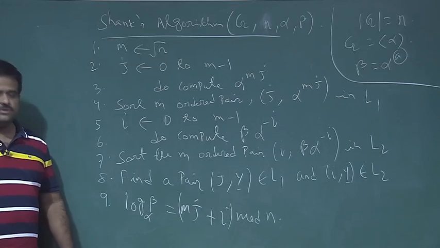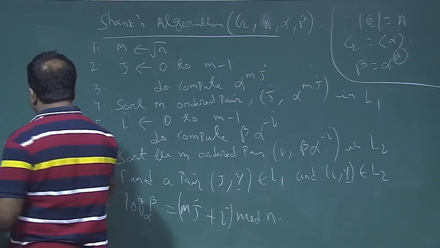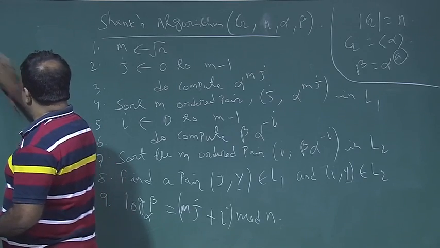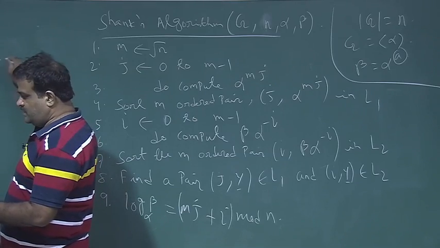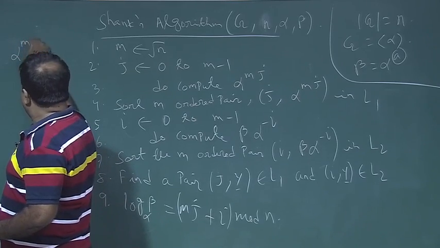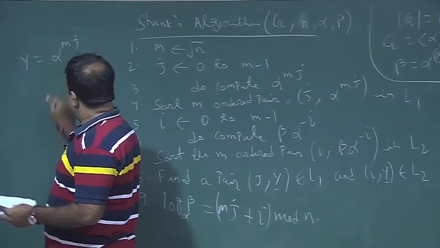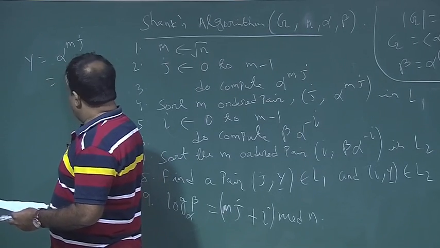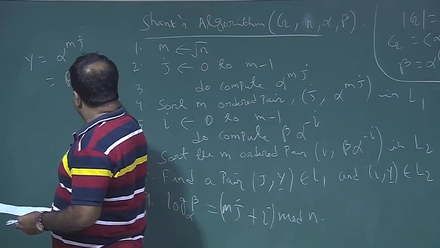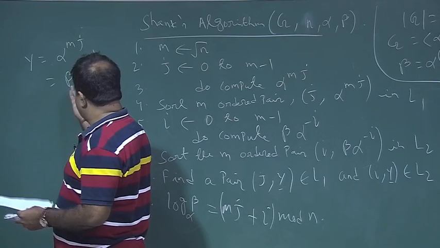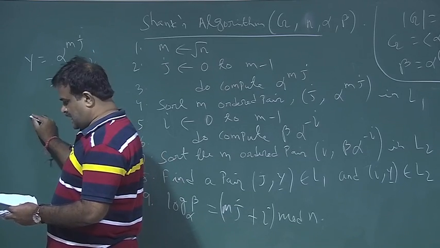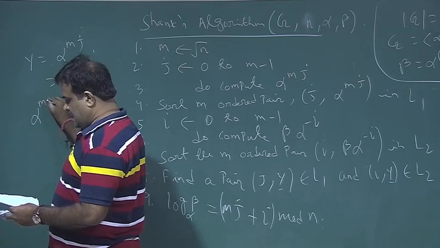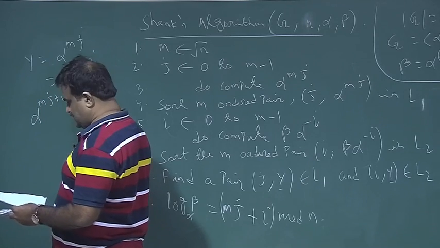Why is this so? From L1 we know y is equal to alpha to the power mj. If it is the same as beta into alpha to the power minus i, so this is also y, then we take the alpha to this side, and we have alpha to the power mj plus i equal to beta.